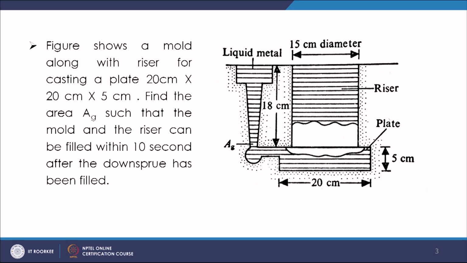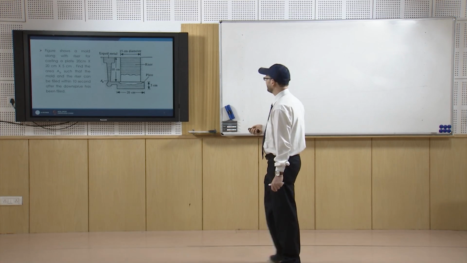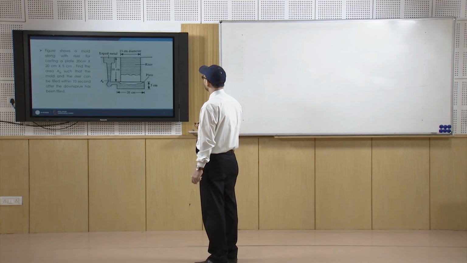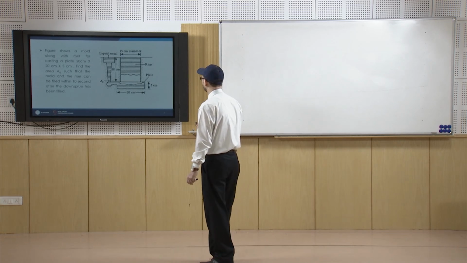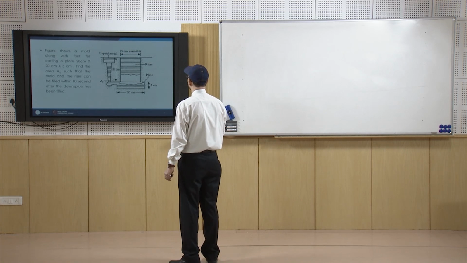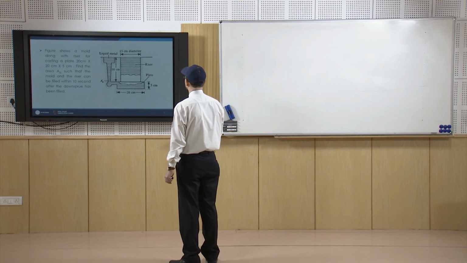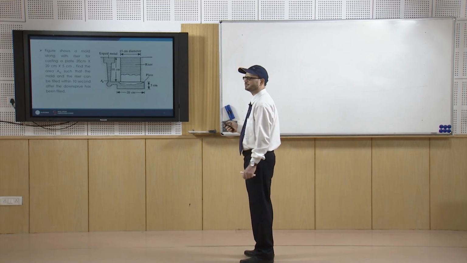So, this is a problem which tells that there has to be 2 types of filling. One is the filling of this plate which will be done using the top pouring for this, using this height of the liquid metal, and with the similar height of liquid metal you have to fill this height of the riser which is cylindrical in shape, the diameter is 15 centimeter and the height is 18 centimeter.